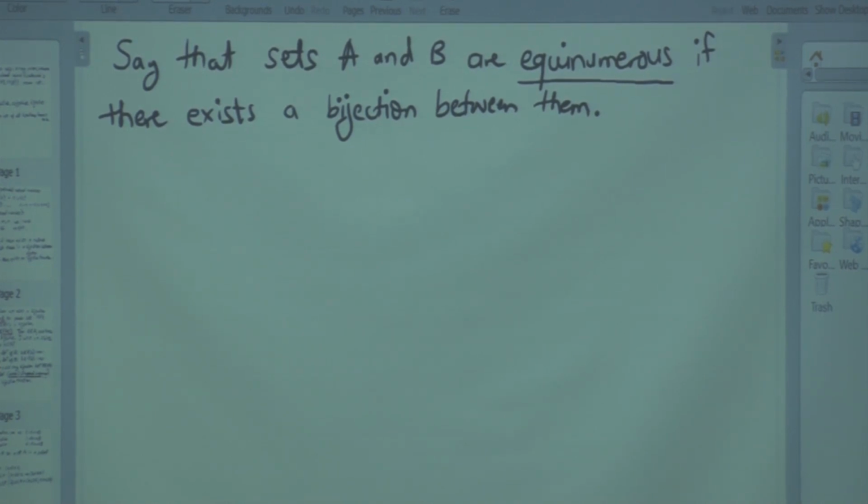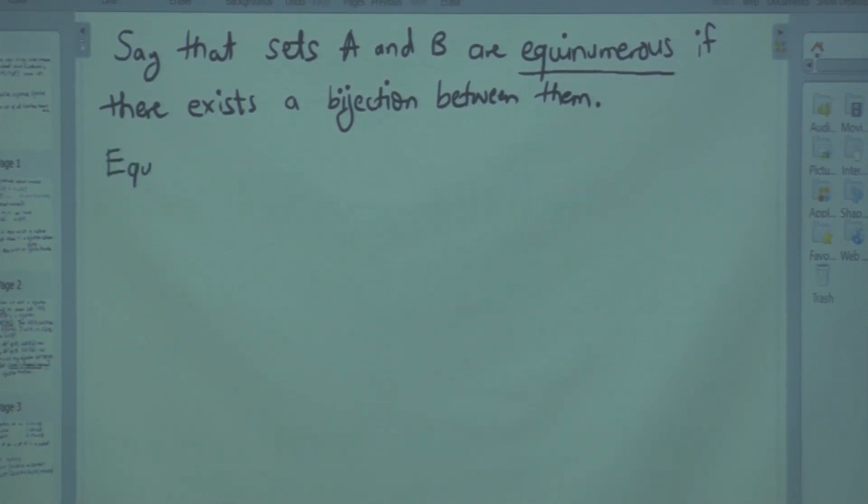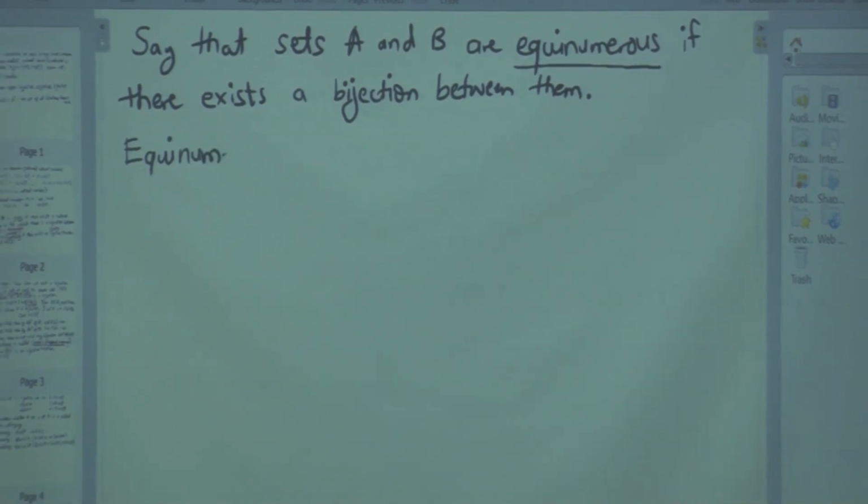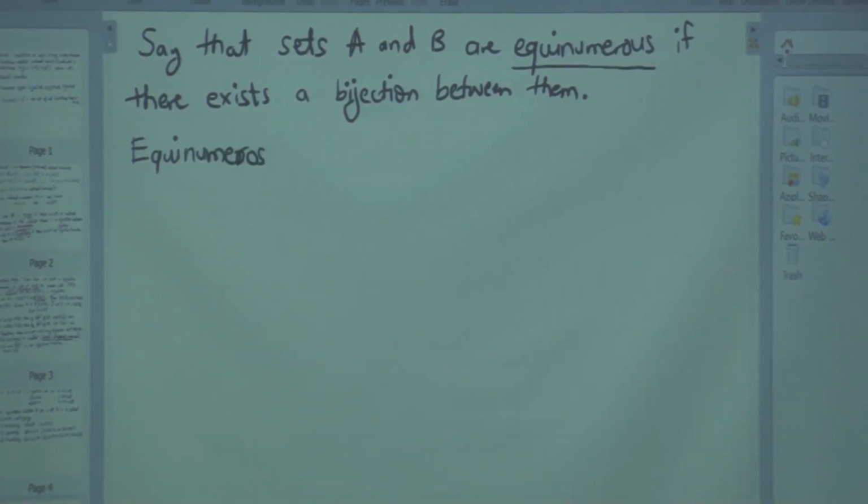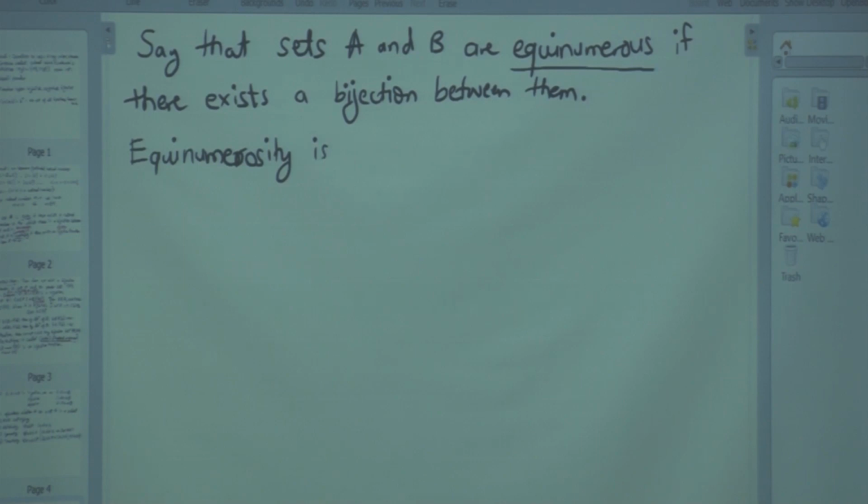This is another name for having the same cardinality. So is this an equivalence relation? Equinumerosity is an equivalence relation.